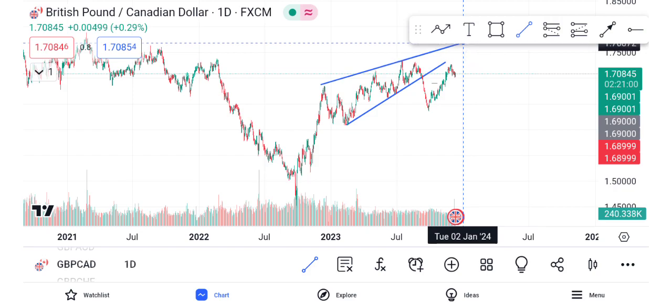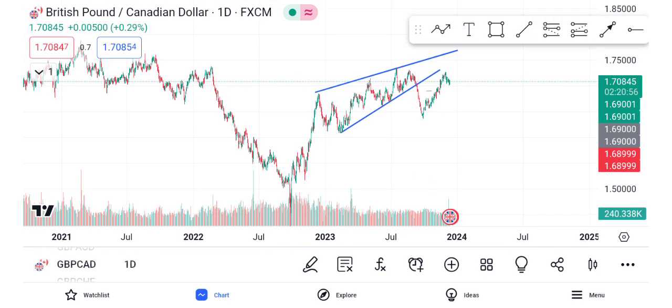This is it, as you can all see here. So when we see these chart patterns, we can see that this is a rising wedge.